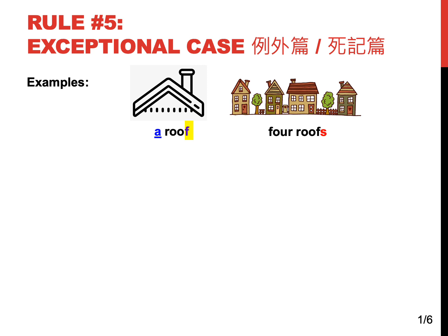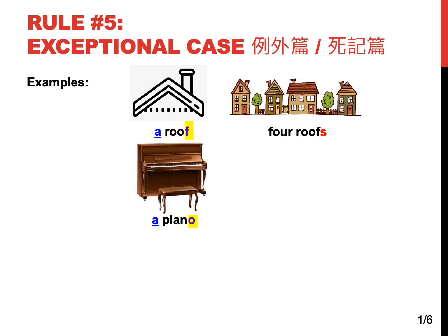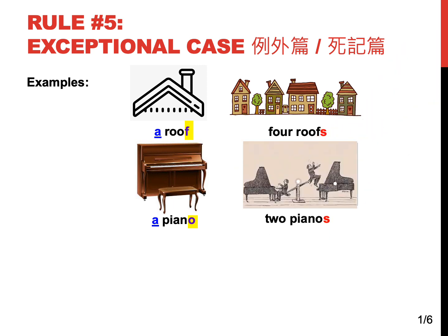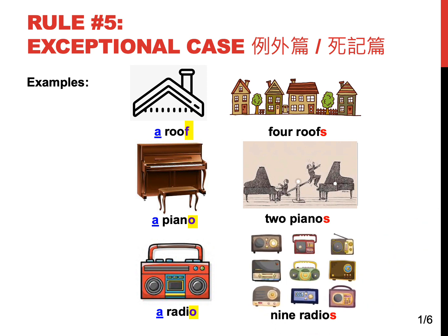So there are 4 rules here. Piano. When you see O, you normally add an ES after it if it's plural. But for this one, you just put an S after it. 2 pianos. A radio. 9 radios.